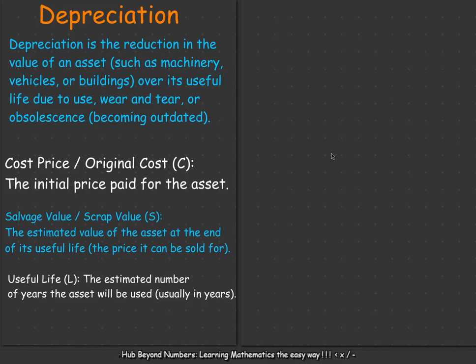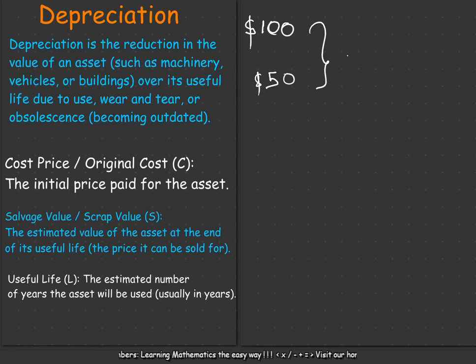You see, so if you bought something, let me just use, let's say, $100, right? And then at its scrap value, you are estimating it to be just $50. You get it? And it is for a period of 5 years. You see, for a period of 5 years, that is the useful life.